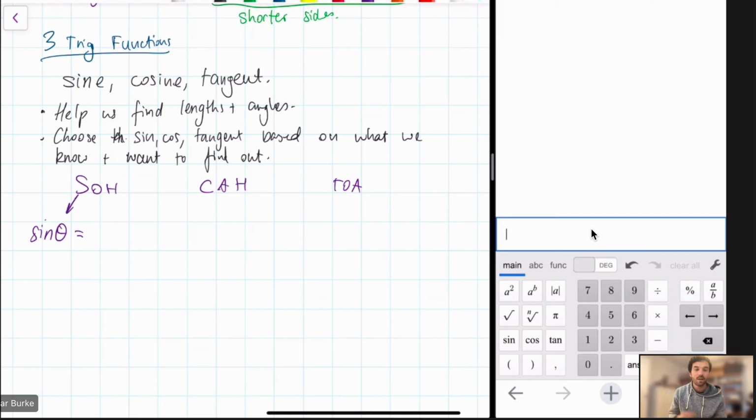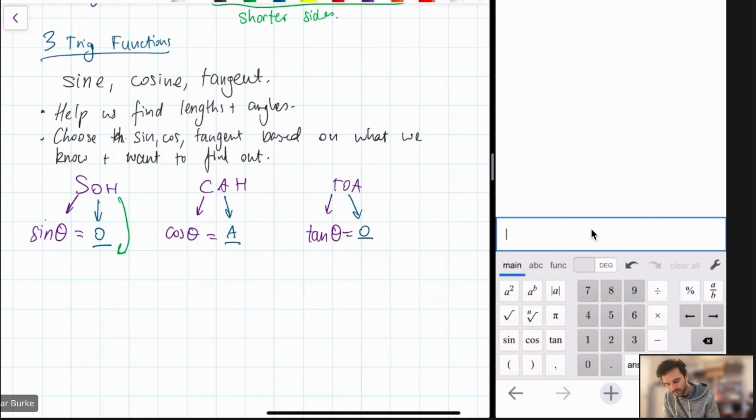Always feed each trig function an angle. C is cosine, give it an angle. And T is tangent, give it an angle, theta. Next, we've got our numerators. And then next, we have our denominators.